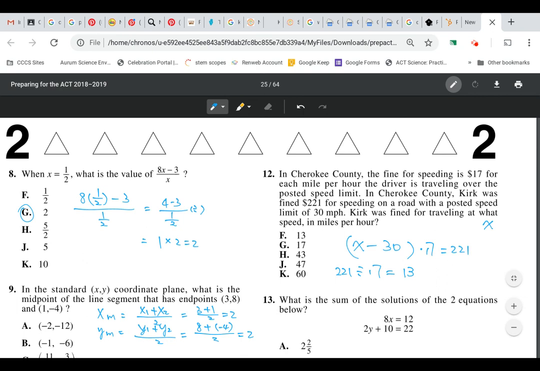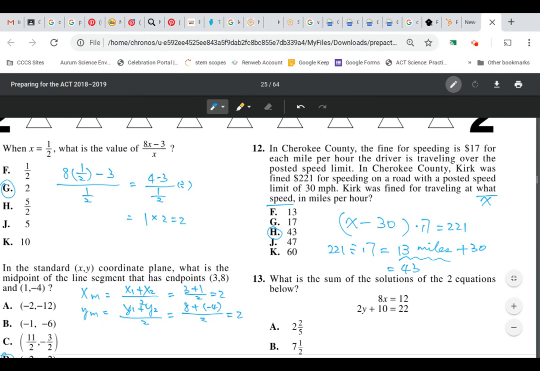So 13 miles is how much he sped on top of 30 miles. So together it is 43. So at 43, he was fined $221.